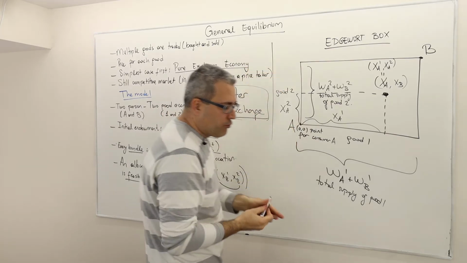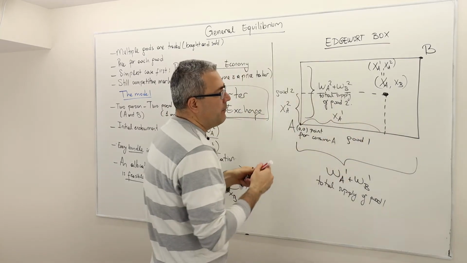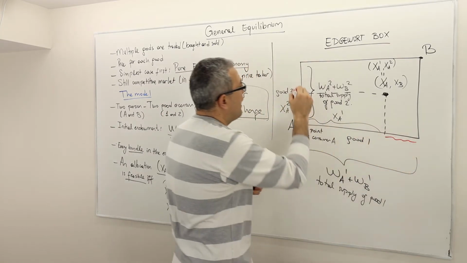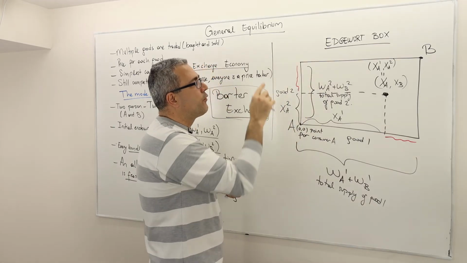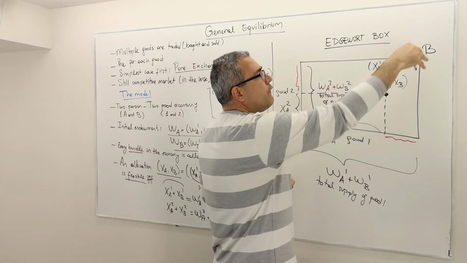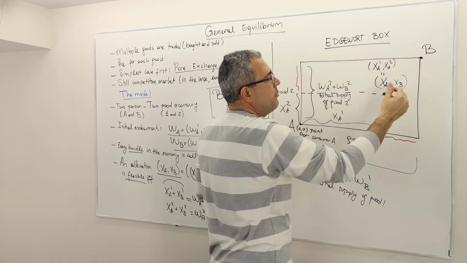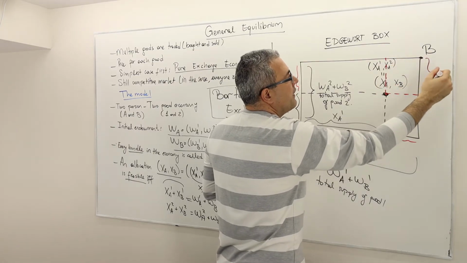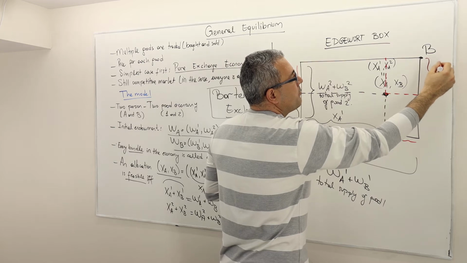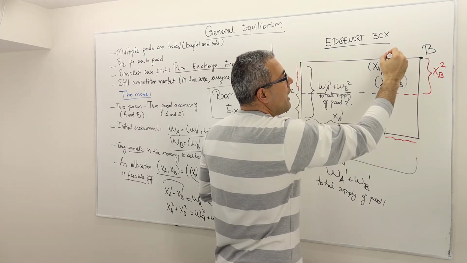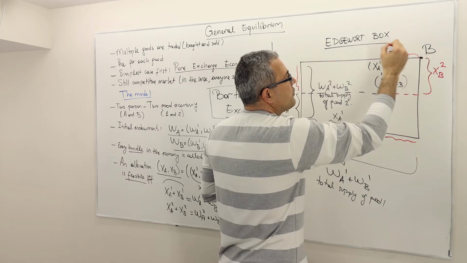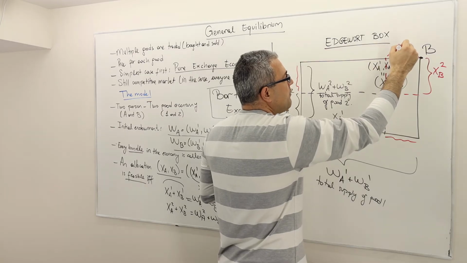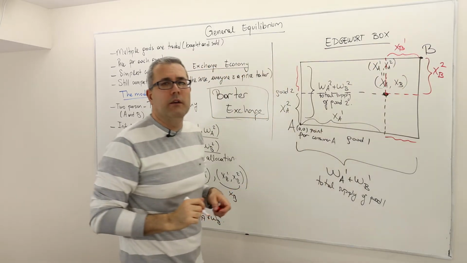What about those remaining parts, this part and this part? For this, you have to look from the perspective of agent B. So this part is how much agent B consumes in good 2, and this is how much agent B consumes in good 1.